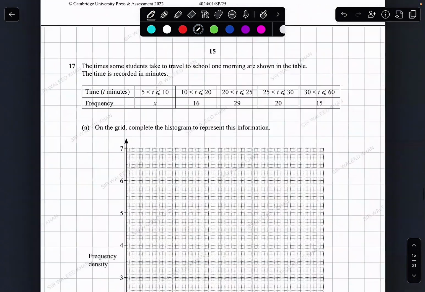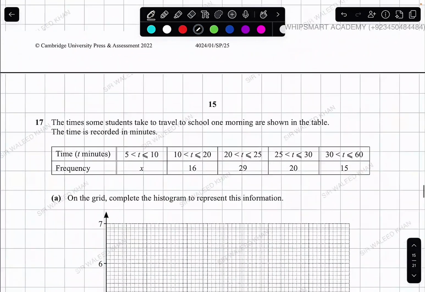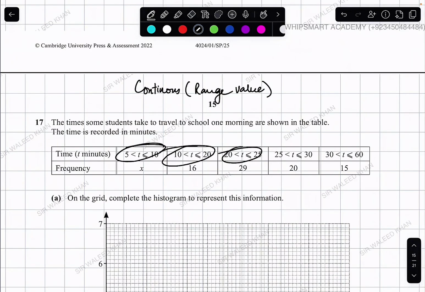Whenever in a statistics question they ask you, you are given continuous data. What does continuous data mean? Range form, range values. You have values like this, class interval, okay? And they ask you about a histogram.